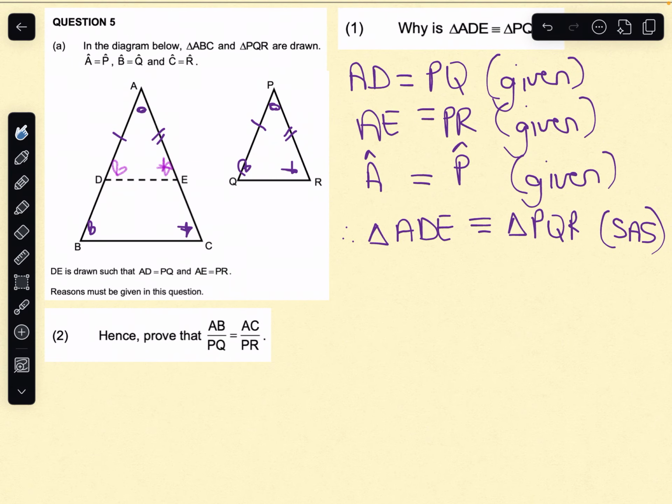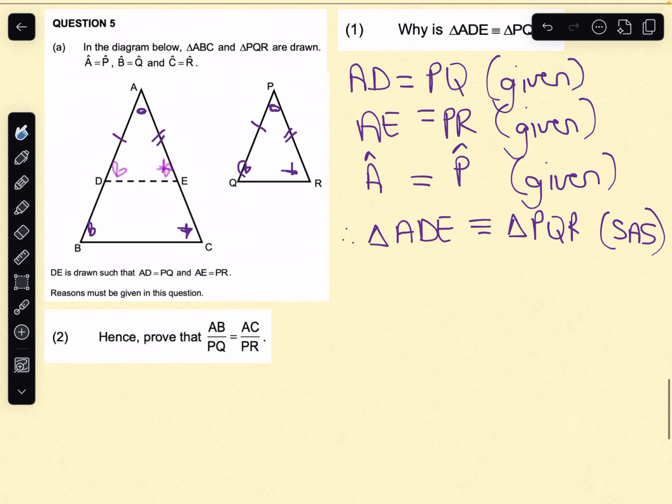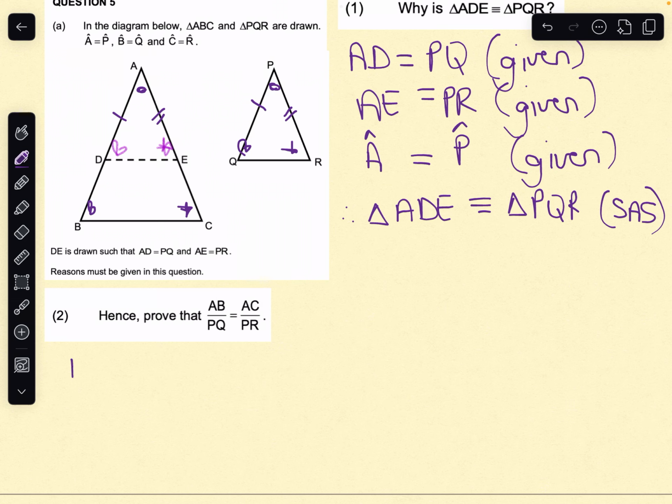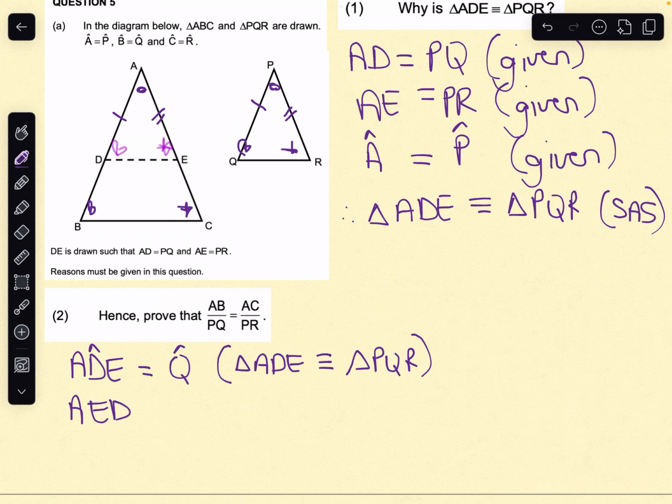Right. So we know that angle ADE is equal to angle Q because of the fact that these two triangles are congruent. Okay. And similarly, we know that angle AED is equal to angle PRQ.